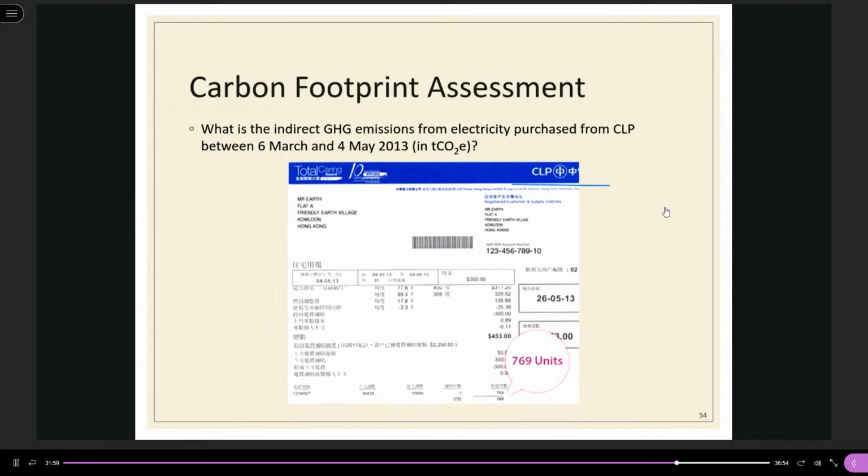In the electricity bill, you should be able to find the number of units that you consume in that period of time, usually 2 months. So what is the indirect greenhouse gas emission from electricity purchased from China Light and Power in this period of time?